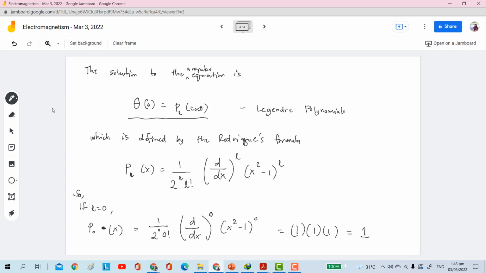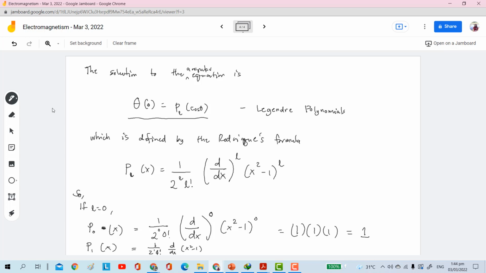Okay. And then you can also proceed to P sub 1. If P sub 1, that means your L is equal to 1. So P sub 1 of x is equal to 1 over 2 raised to 1, times 1 factorial, and then the first derivative of x squared minus 1 raised to 1.